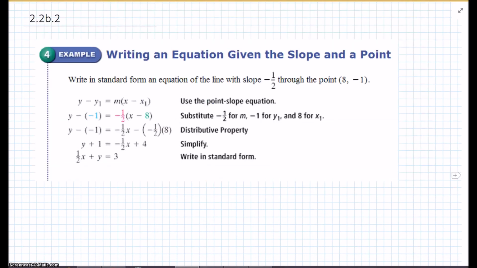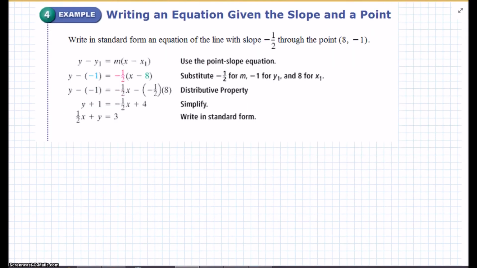Okay? So write an equation given the slope and the point. So we're given the point and the slope. So our base equation is y minus y1 equals m(x minus x1).